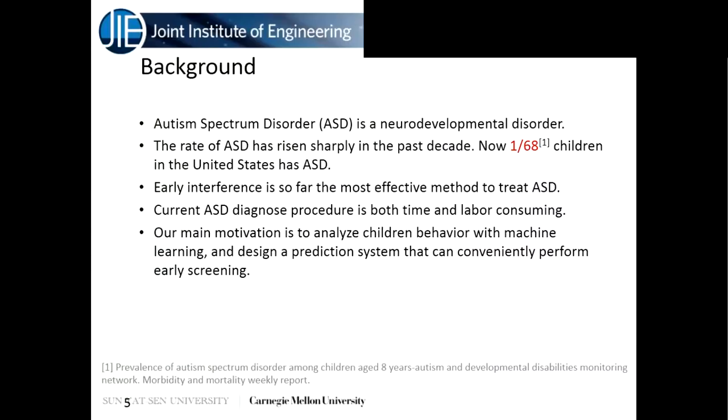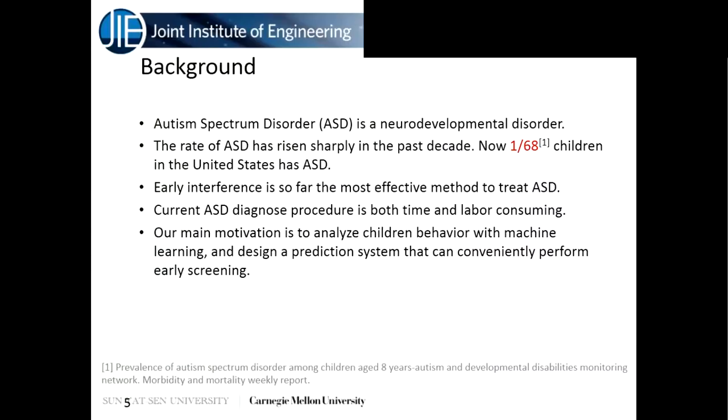I think right now the report is 1 in 68 children in the United States may have ASD. And early intervention, of course, is very important because, for example, there are early Denver models, right? So if you can identify ASD in the early stages, you can have a better chance to recover, or a better chance to regain some capabilities.